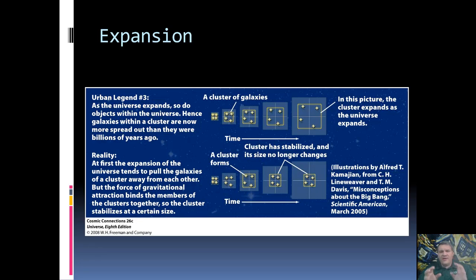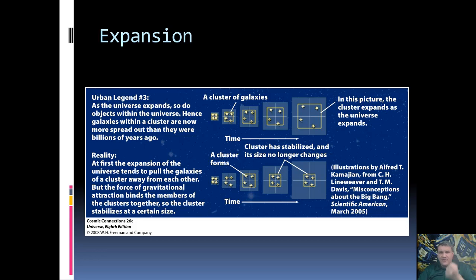Another one that I've heard is that as the universe is expanding, so must everything inside the universe. In other words, atoms today are larger than atoms used to be in the past, and the Earth today is larger than the Earth used to be in the past. Again, this is not what is happening. So what holds an atom together?